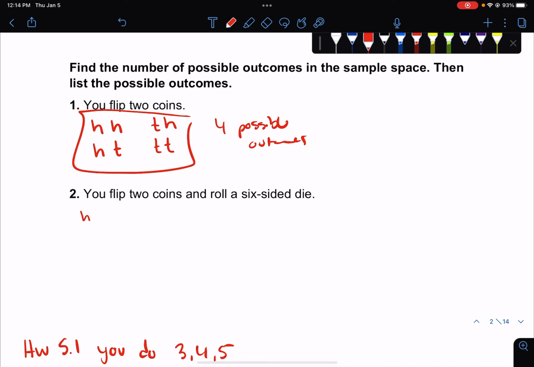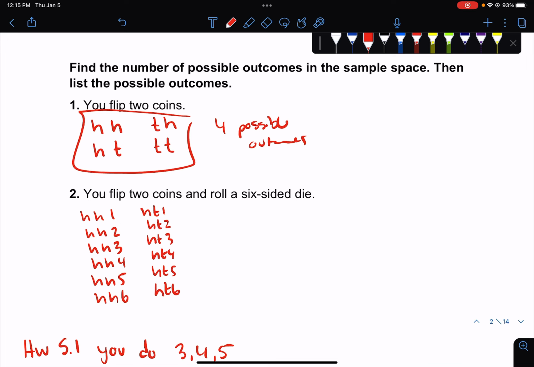So I could get heads, heads, and a 1, heads, heads, and a 2, and so on up to heads, heads, and a 6. I could also get heads, tails, and a 1 through a 6.